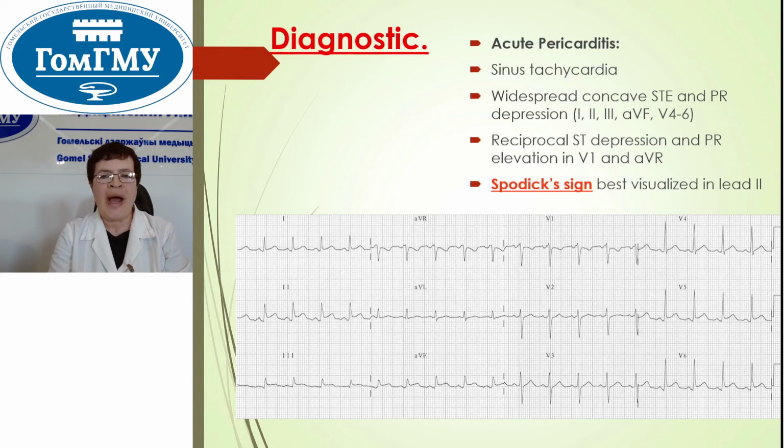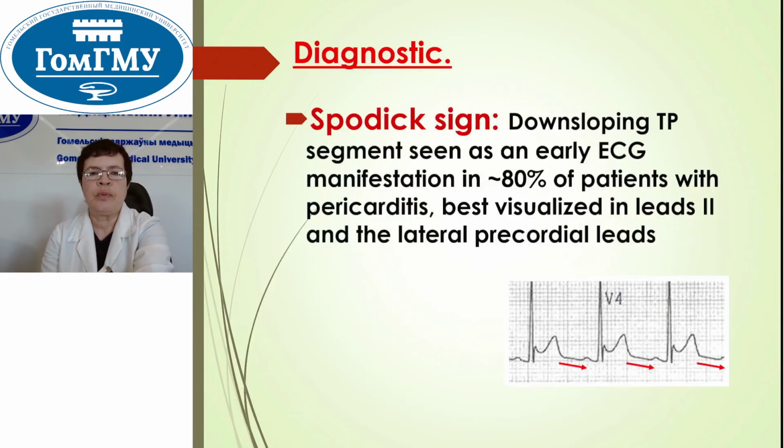It is widespread concave ST elevation and PR depression in the leads first, second, third, AVF, and leads from V4 to V6, and reciprocal ST depression and PR elevation in the lead V1 and in the lead AVR. And also the Spodick sign best visualized in the lead 2.